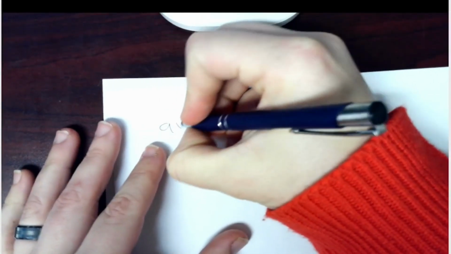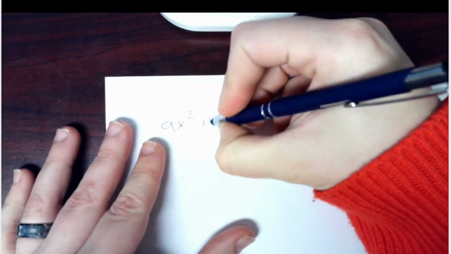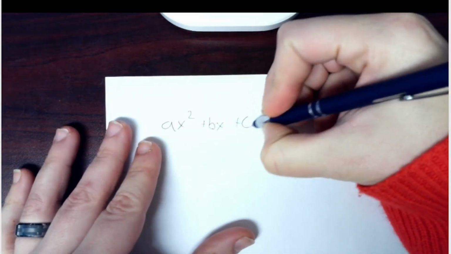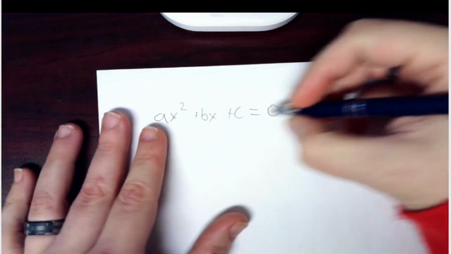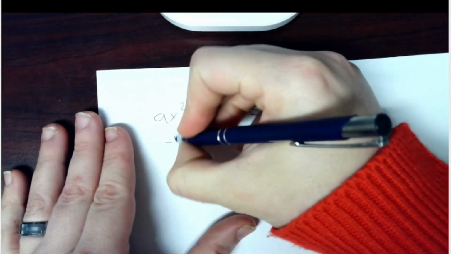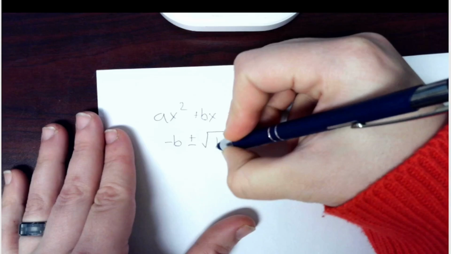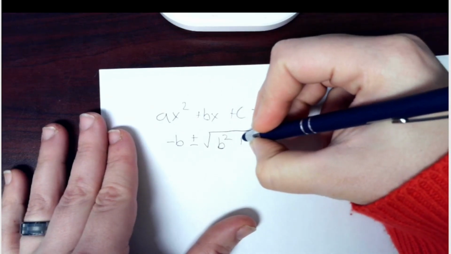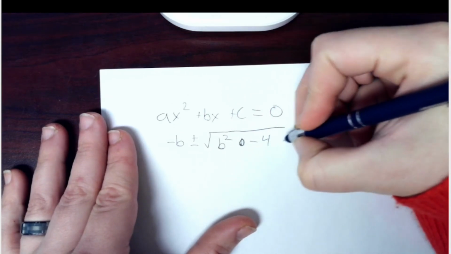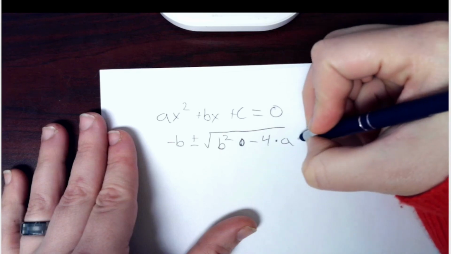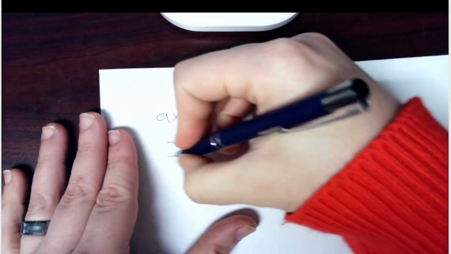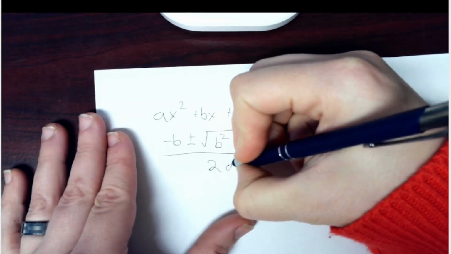So for a generic equation, ax squared plus bx plus c equals 0, the quadratic looks like negative b plus or minus the square root of b squared minus 4 times a times c, all over 2a.